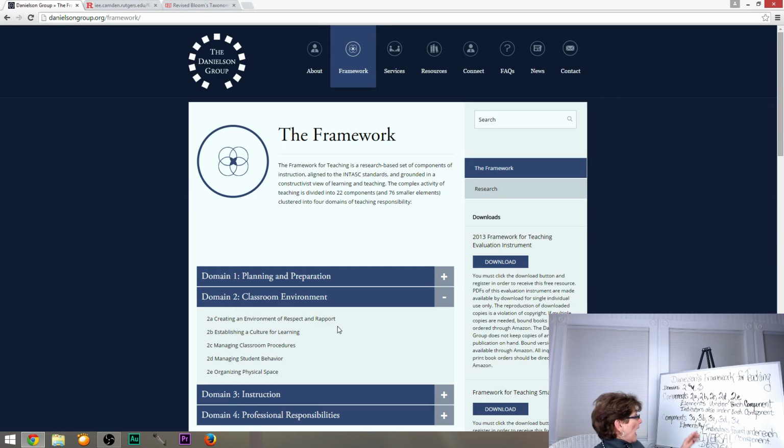Now, how do you know if those two elements of 2A are really occurring when I videotape your lesson? Because these are the indicators that I'm going to look for. Again, I'm going to look on the internet for this, but right now the only place I found the indicators is in this book. Okay? All right, let me read you the indicators for 2A. Respectful talk and turn taking.